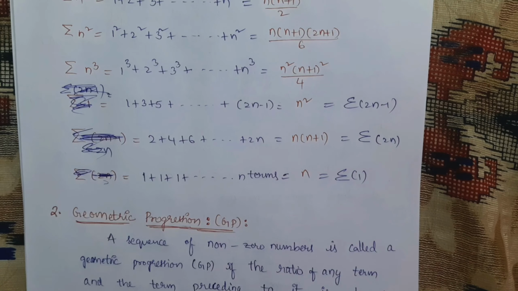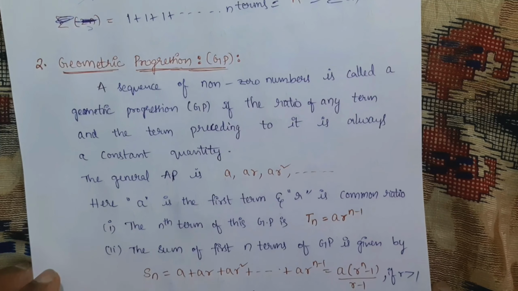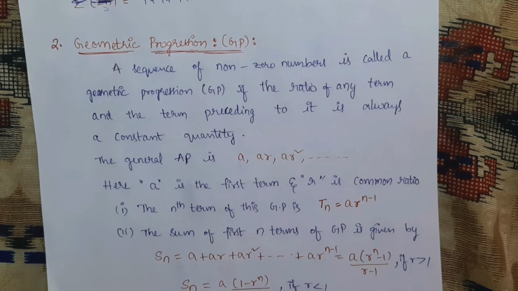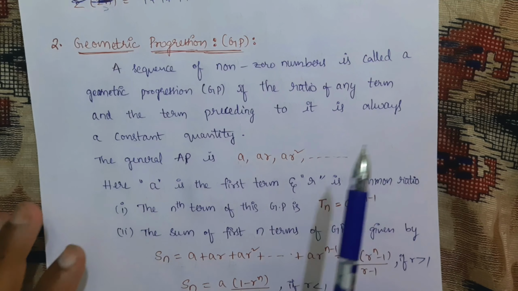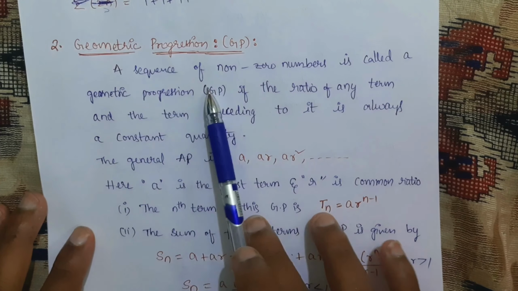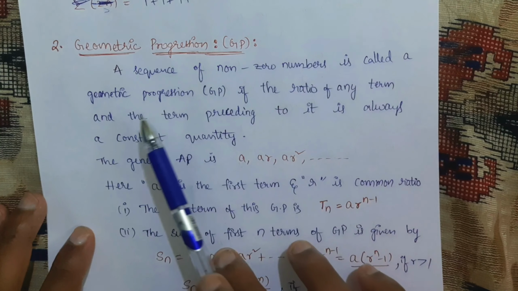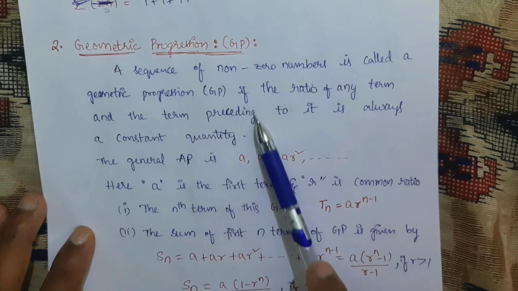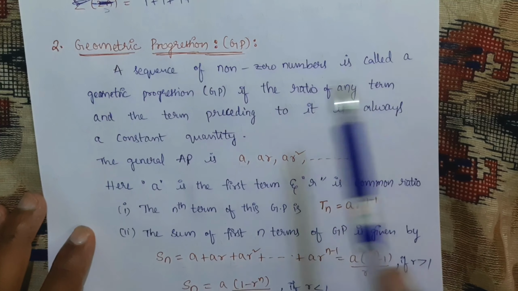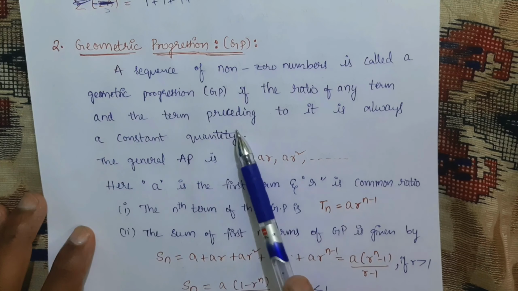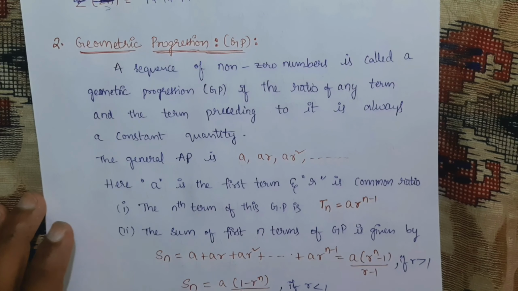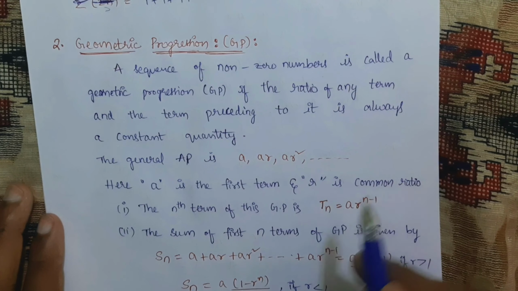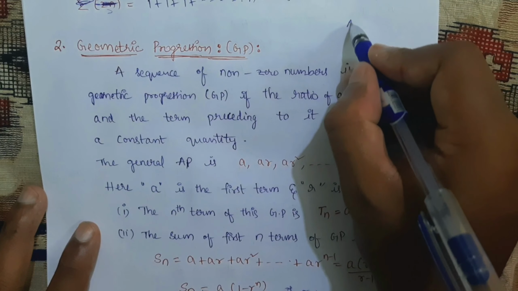Okay. Next, the second part, that is geometric progression, which we will consider as GP. A sequence of non-zero numbers is called a geometric progression if the ratio of any term and the term preceding it is always a constant quantity. See here a small difference between AP and GP.